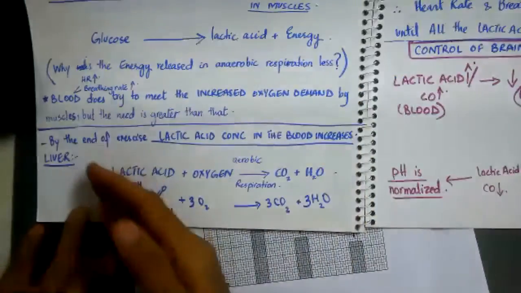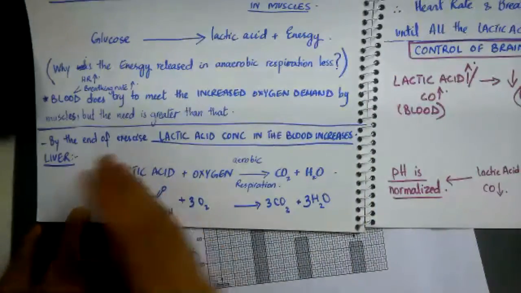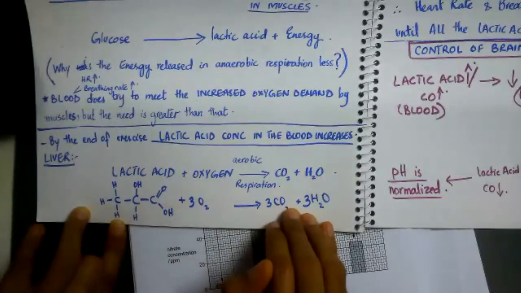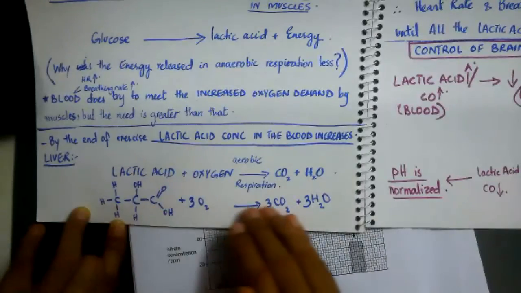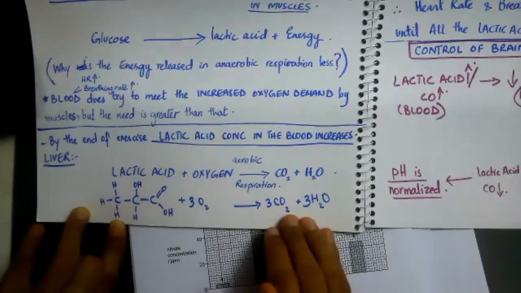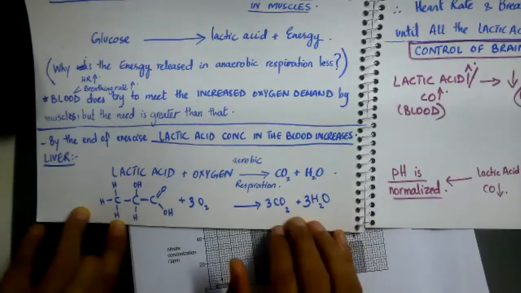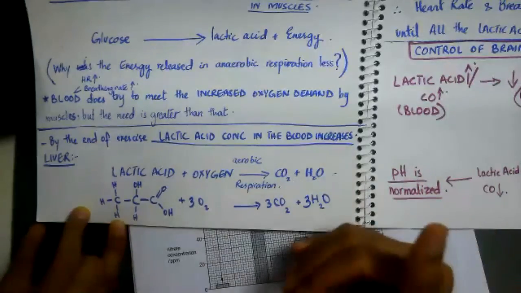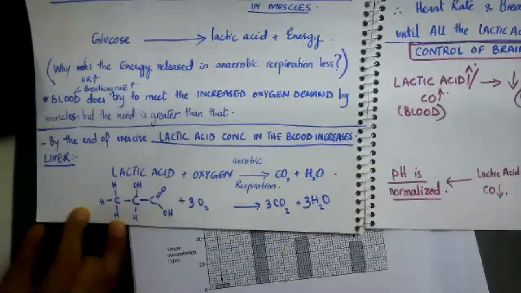Then this lactic acid is taken to the liver, and in the liver it will complete the aerobic respiration process of burning down the rest of the carbon atoms with oxygen into carbon dioxide. And when the lactic acid comes back to normal, your heart rate and your respiratory rate also come down to normal.